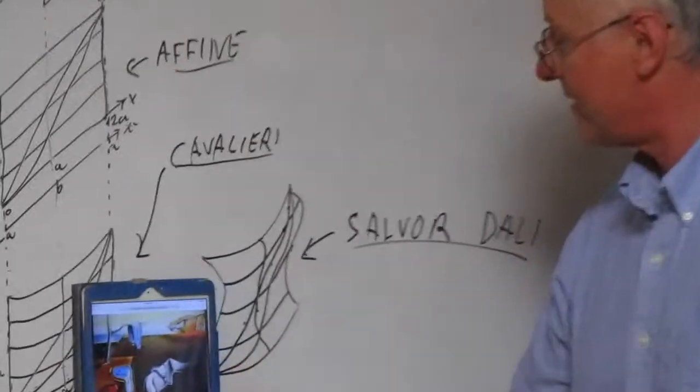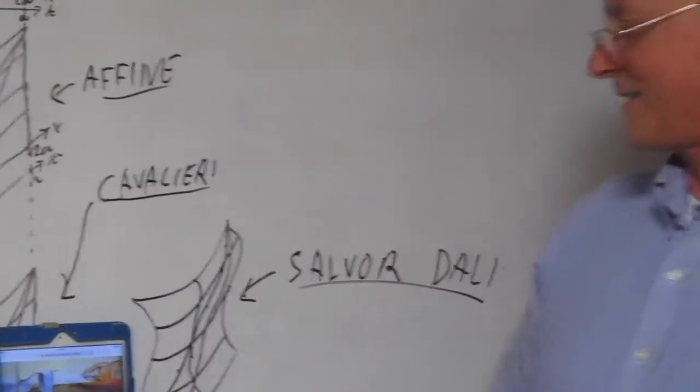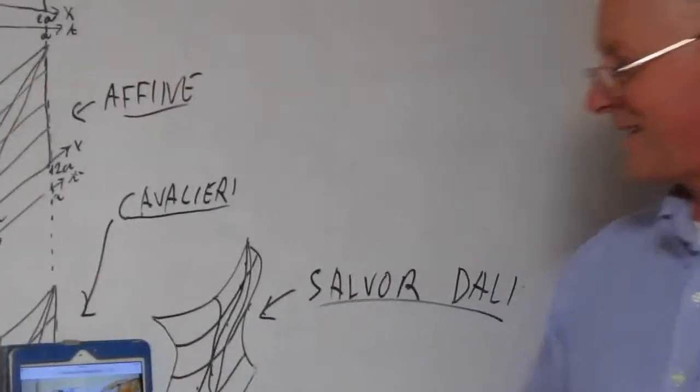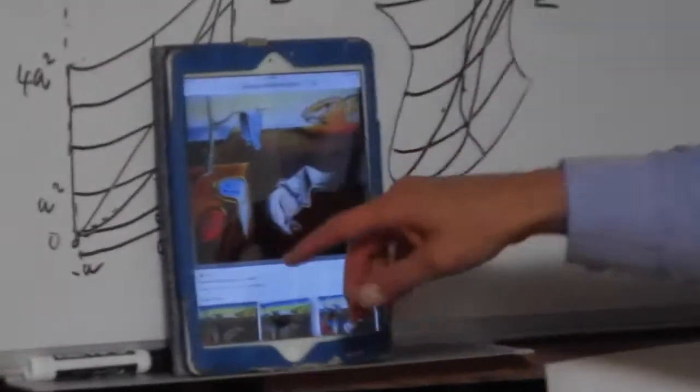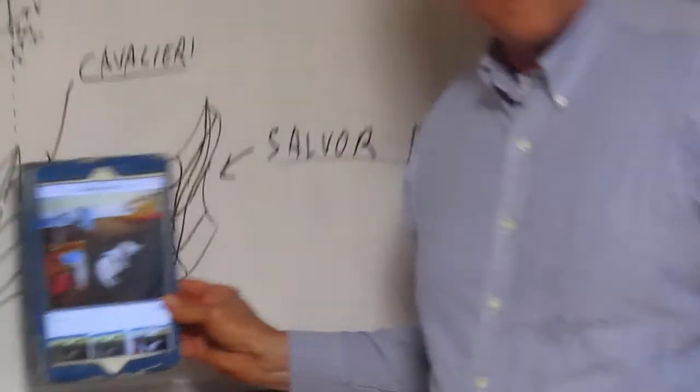Check this out. There's this picture, right? That's Salvador Dali. He's a painter of weird geometry. That's pretty neat, huh? You got that? Alright, so that's Salvador Dali.